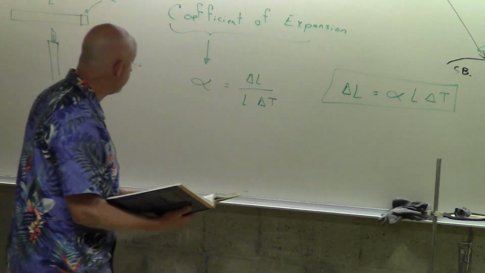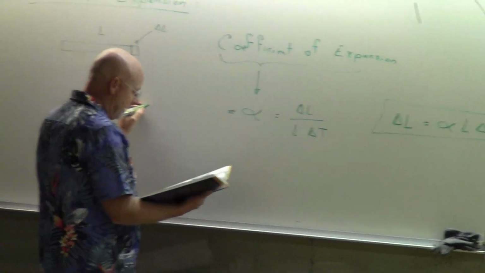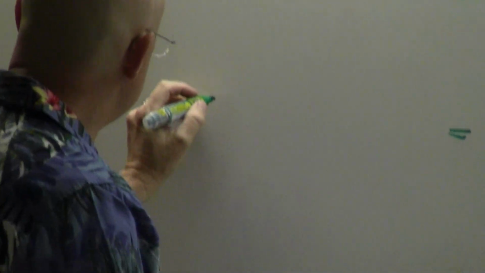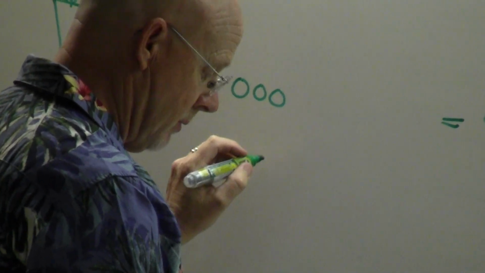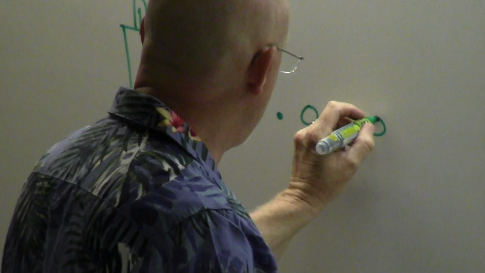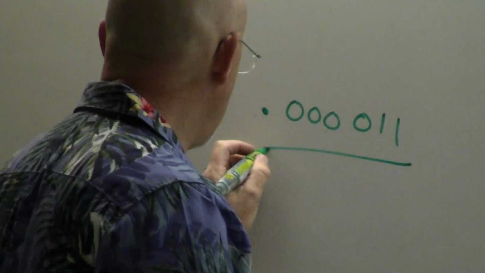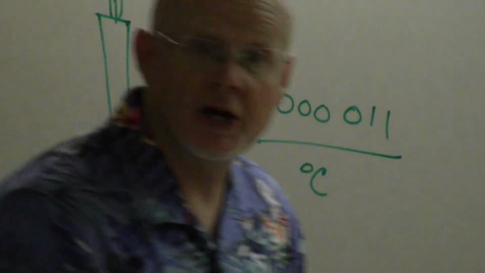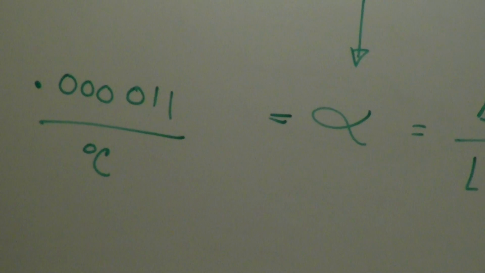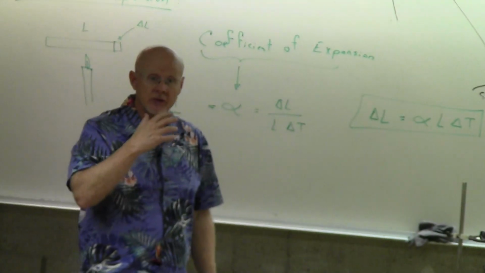It's made out of steel. And he gives this number for steel. The expansion is 0.000011. The units are per degree Celsius. But I wanted to make sure before I finished up this chapter, even though I know I've gone way over time, to say you're going to need that number. In the past, I've had a lot of students ask me about it.